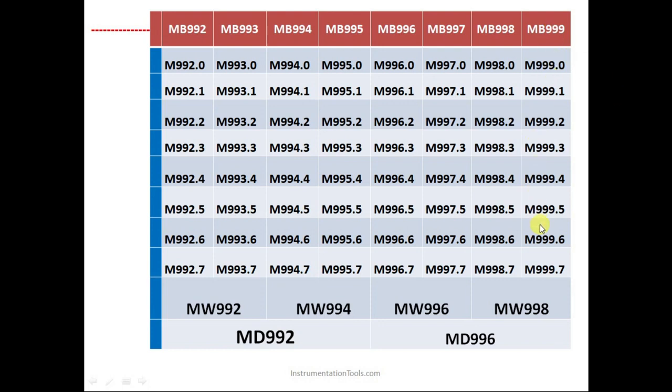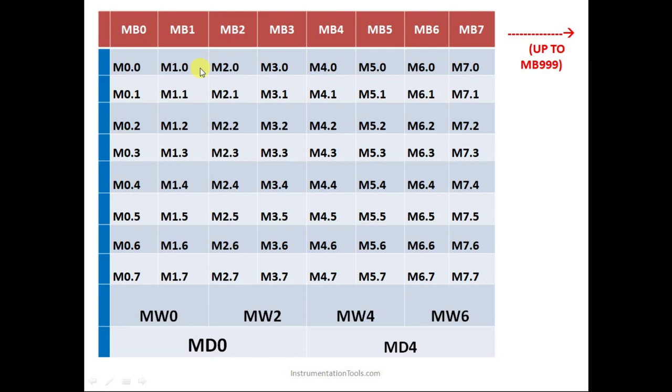Now observe here, we already know that the combination of two bytes is one word, right? So MW0 means what? It is the memory word. That means the combination of MB0 and MB1 is one memory word. So what is the address of that memory word?